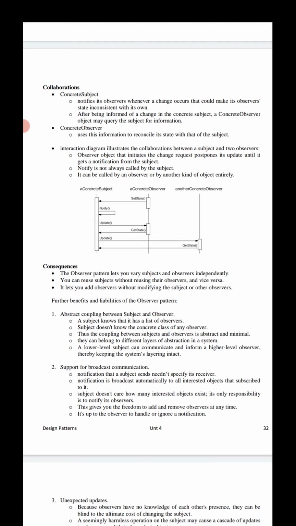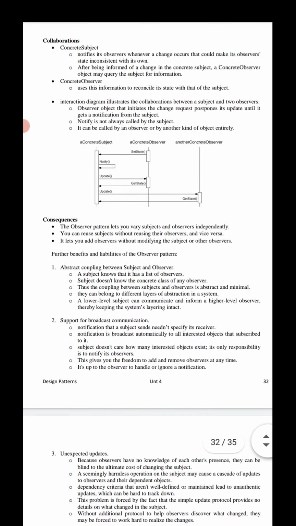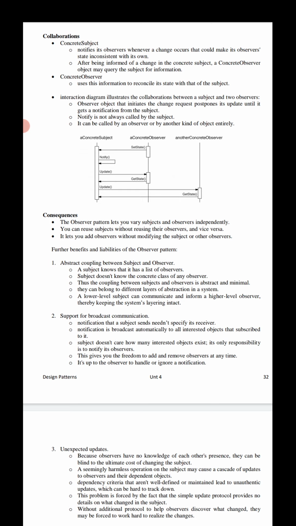This is the interaction diagram illustrating the collaboration between a subject and two observers. Note how the observer object that initiates the change request postpones its update until it gets a notification from the subject.